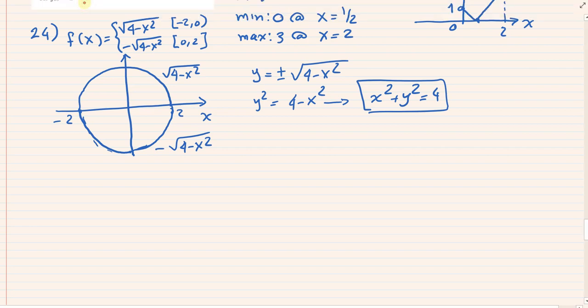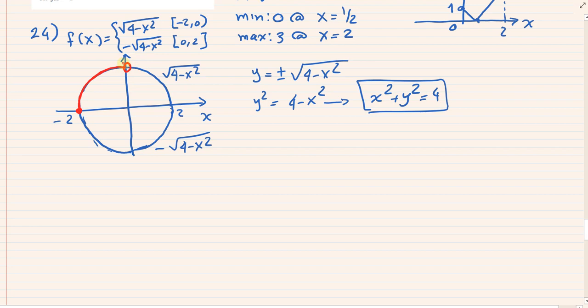In other words, only this portion of the circle is what we need from negative 2 to 0. At negative 2, we have a closed circle, and at 0, open circle, because that's not included, right? Because 0 is not included.